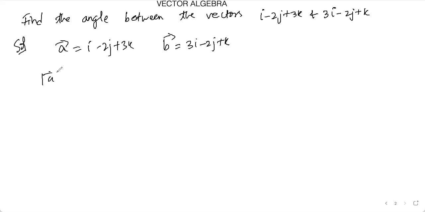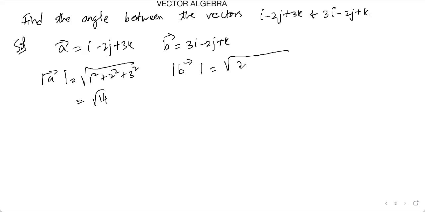So mod A is square root of 1 square plus 2 square plus 3 square, so we get root 14. And B, we get square root of 3 square plus 2 square plus 1 square, so this again will be root 14.